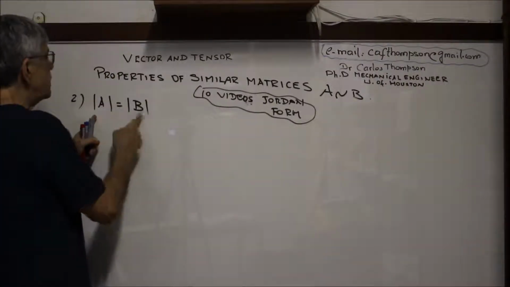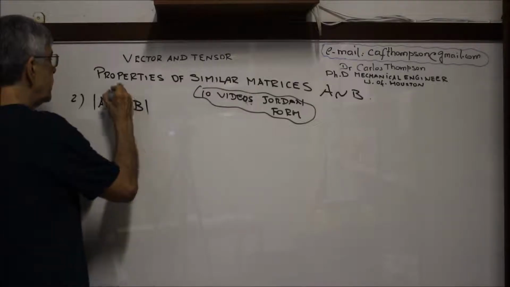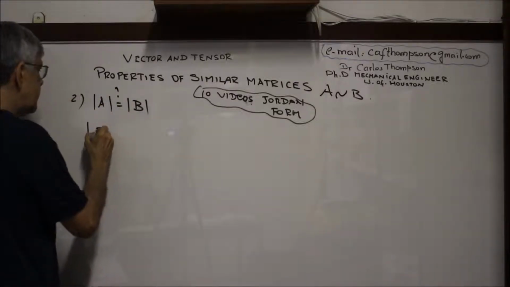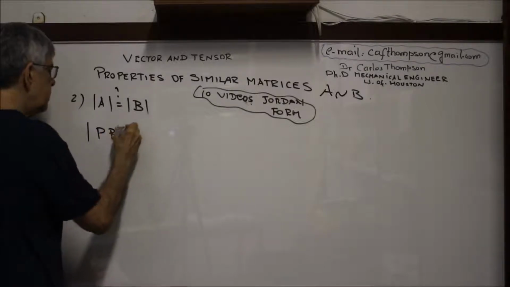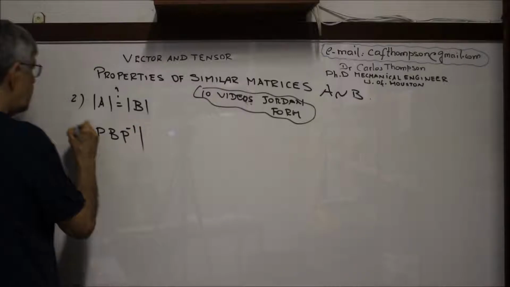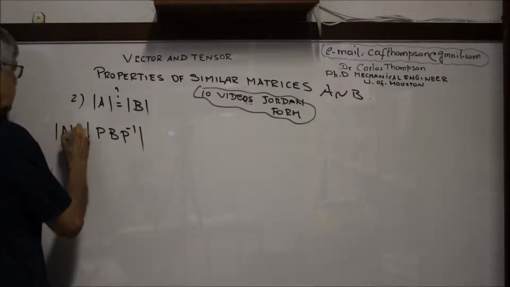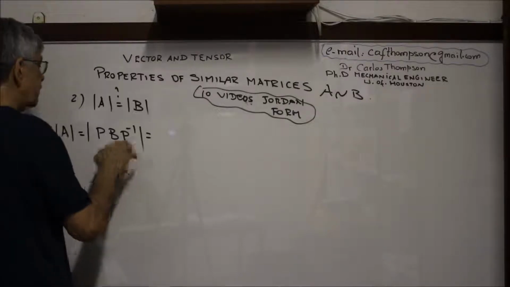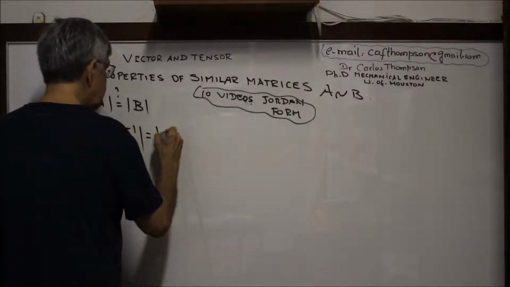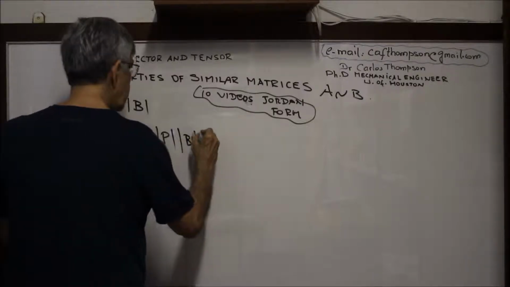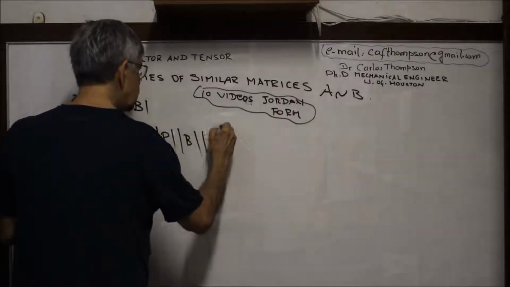Determinant of A is equal to determinant of B. You see? What is A? A is P B P minus 1. I put here determinant of A is equal. Now, determinant of the triple product of matrices, I can put determinant of P, determinant of B, and determinant of P minus 1.